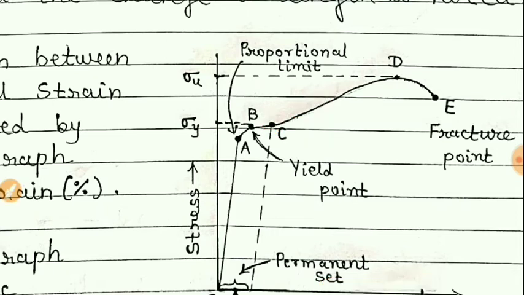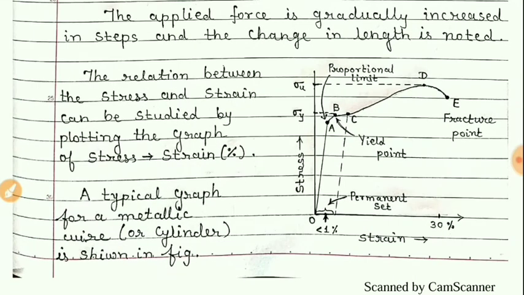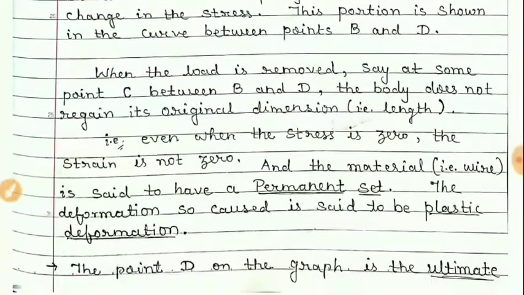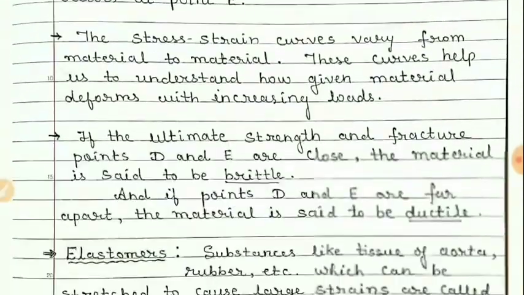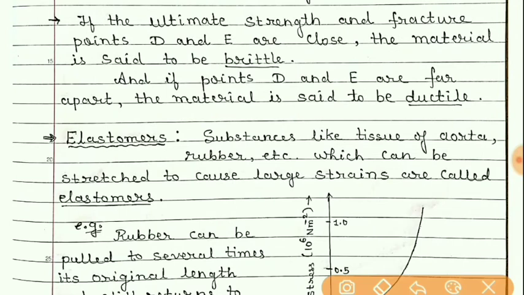And if after point C, this point D is obtained at a large distance, that is strain will be more, which means the wire can be extended to a greater length, then that type of material is called ductile.